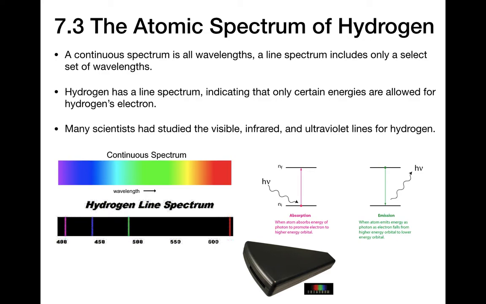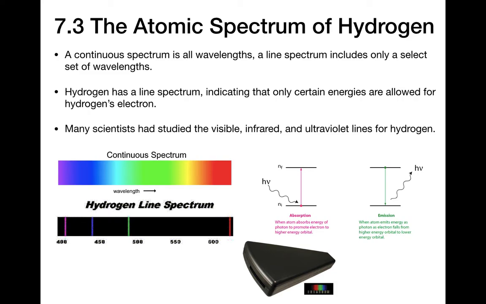In section 7.3, we look at the atomic spectrum of hydrogen. As you remember from Chem 1, looking through the spectroscope like the one at the bottom of this slide, you do see lines. We have the hydrogen line spectrum, which shows 4 visible lines.